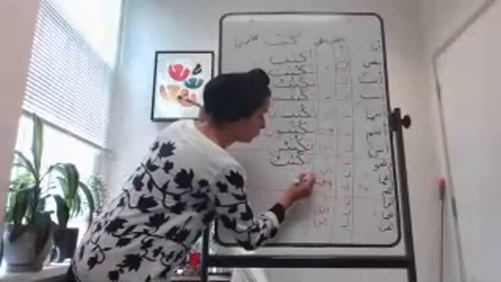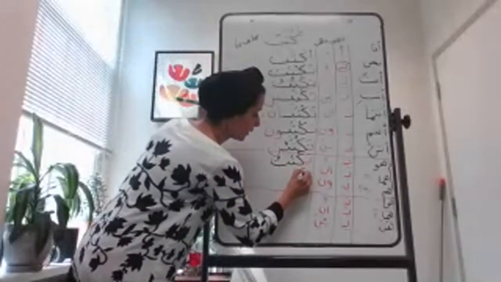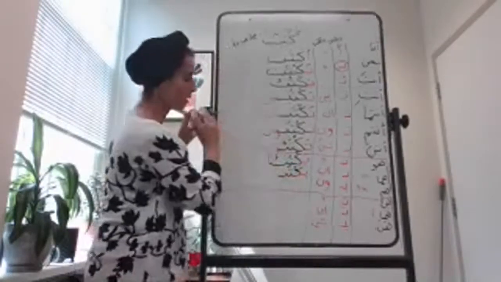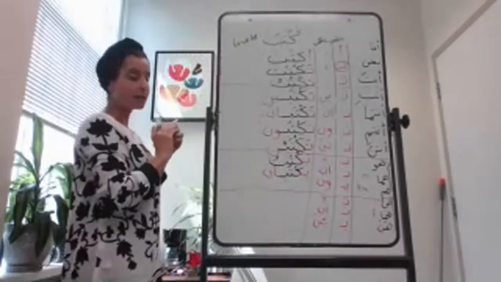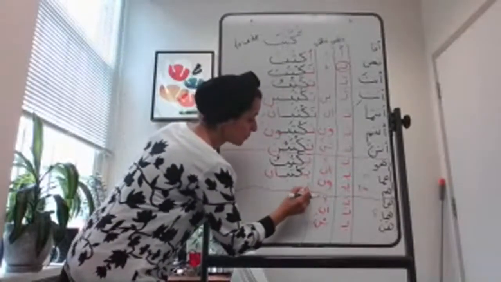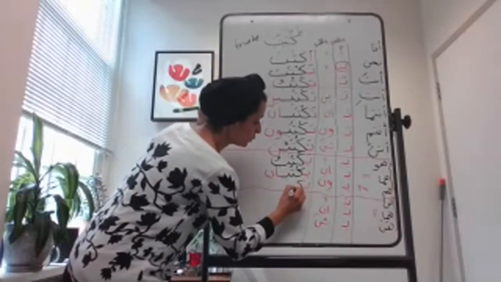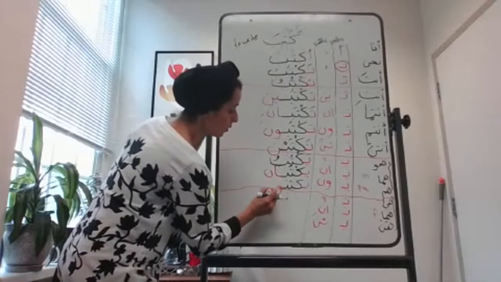Huma yani, we add the ya for huma, and then we add the root, the kaf, the ta, and the ba. And then we add the suffix, the alif wa nun. Huma yaktubani. For hum, we do the same things. We add the prefix ya, and then we add the first root, the second root, and the third root, and then we add the suffix.